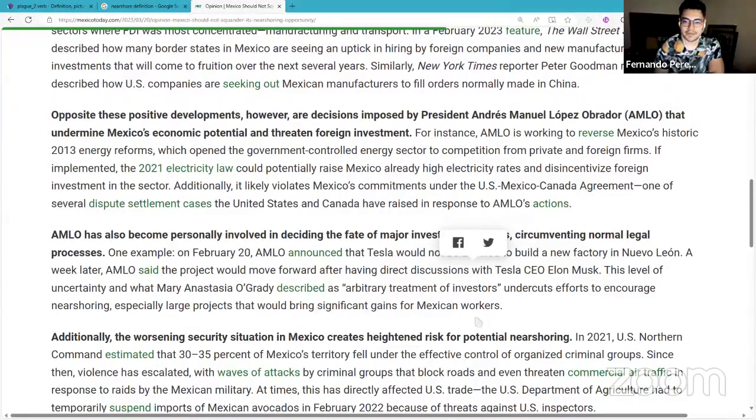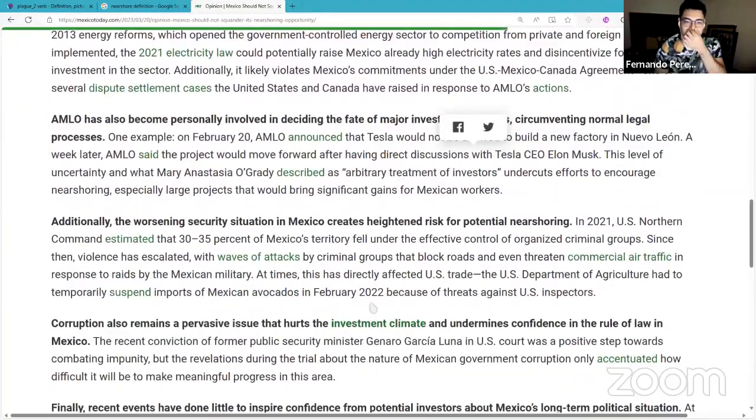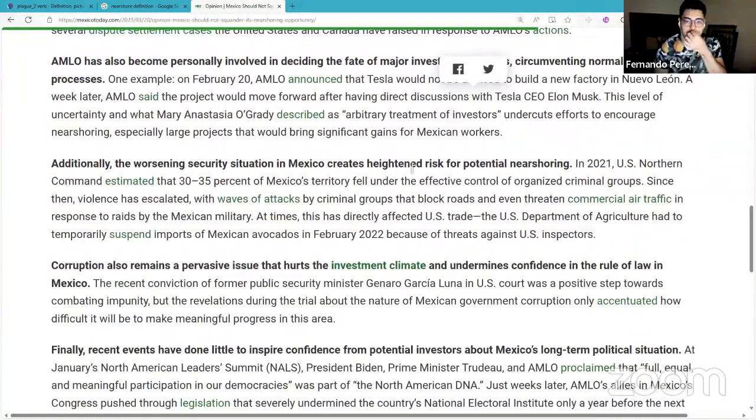Arbitrary treatment of investors. There's not another one. Next. Organized criminal groups. Past participle as an adjective.